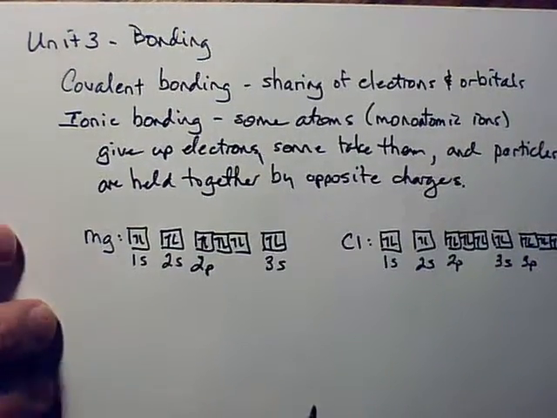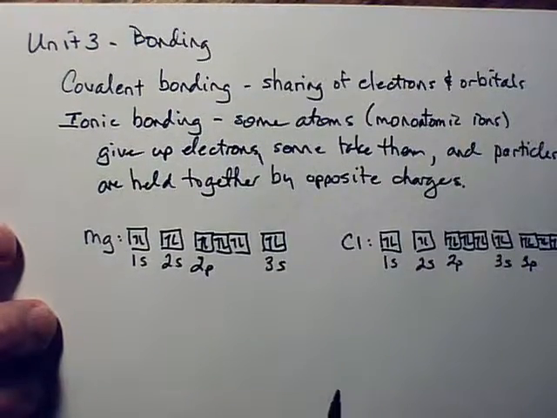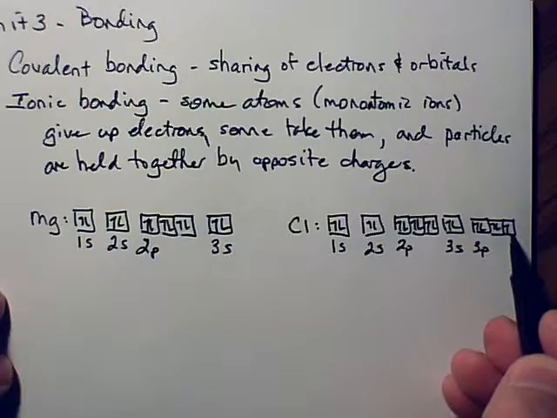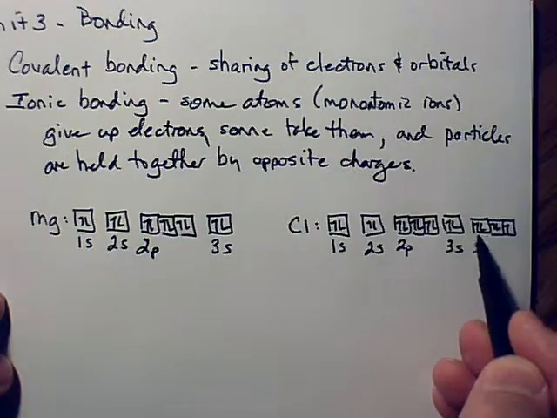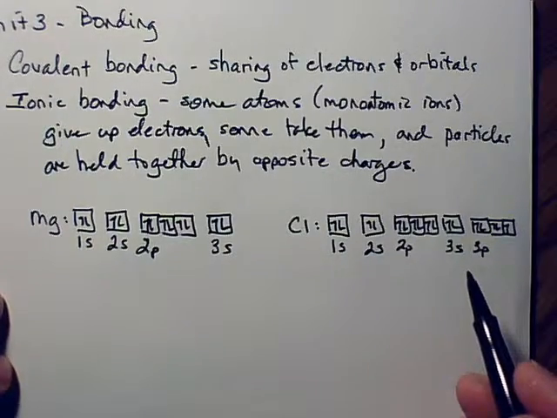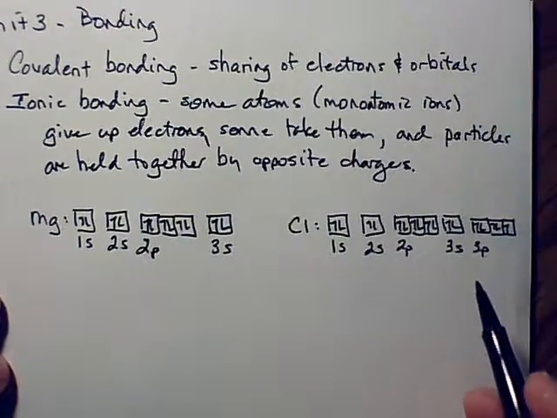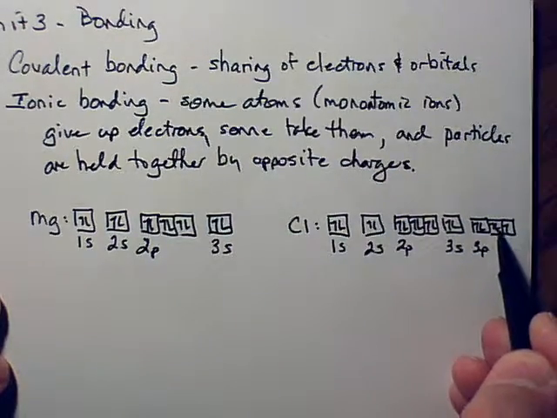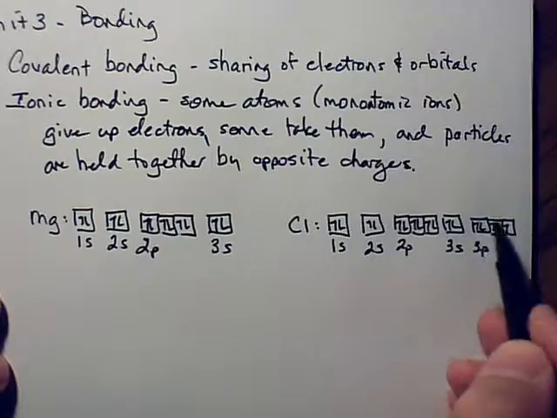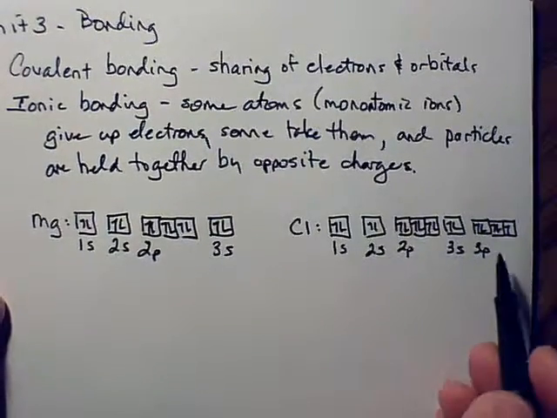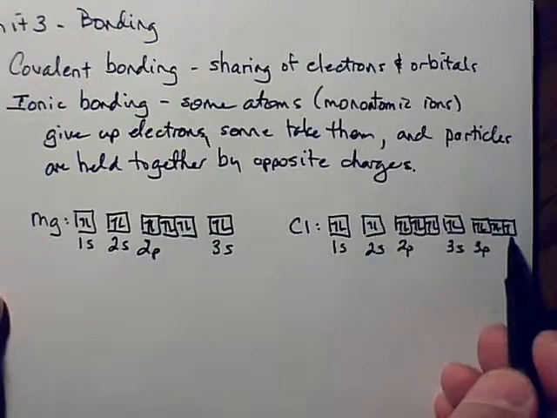Now, chlorine would be a lot more stable if it had one more electron to fill up this orbital down here, fill up this sublevel and fill up this primary level. Orbitals are more stable when they have 2 electrons. Sublevels are more stable when they are full. Primary energy levels are more stable when they're full. So the most stable we can make chlorine is to add an electron right here. That does all 3.